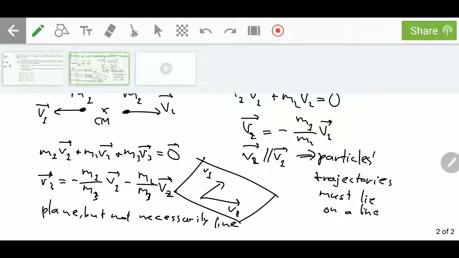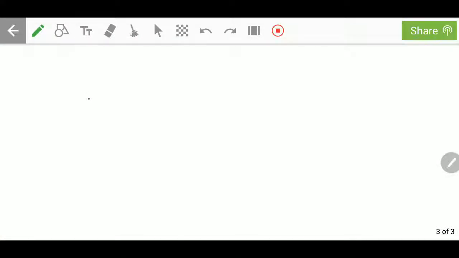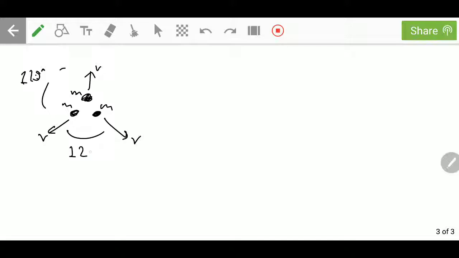Now, how can we show for sure that it's not necessarily a line? Well, the simple way would be to just have three particles all going off completely symmetrically. Let's say they're all of the same mass, and then they all go at the same speed at 120-degree angles, then this will be trajectories contained in a plane but not a line.